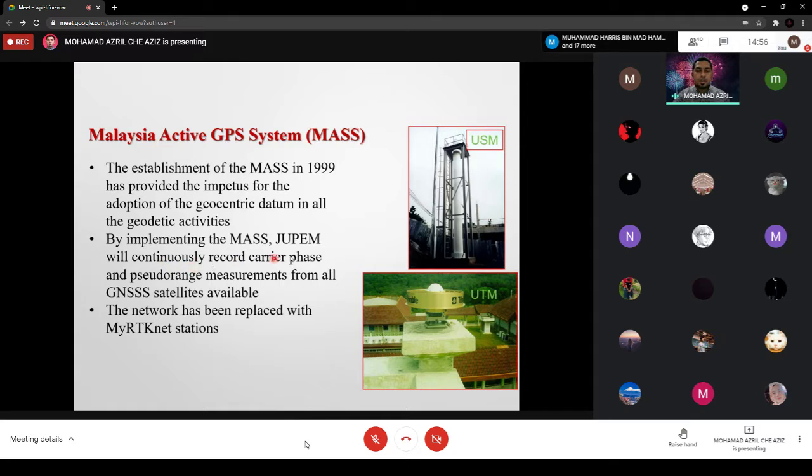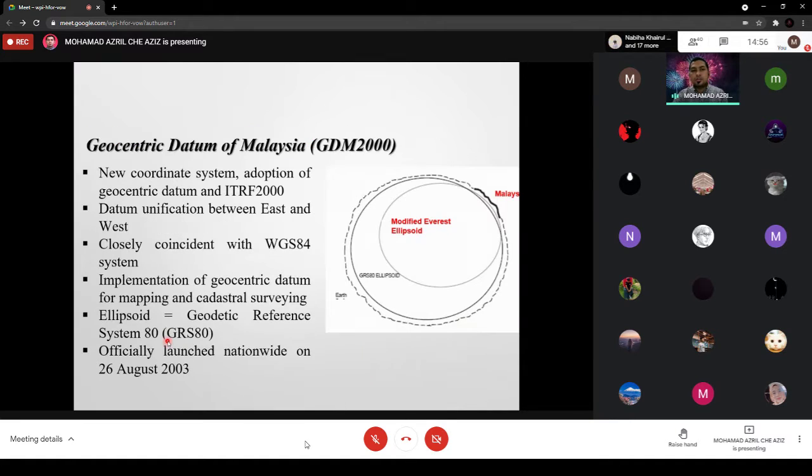So carrier phase, pseudorange measurement, this relates to GPS, in the geodesy subject. The network has been replaced with the MyRTKnet stations. So previously you already know about the MASS station, and now the network has been replaced by the MyRTKnet stations. So that is current.